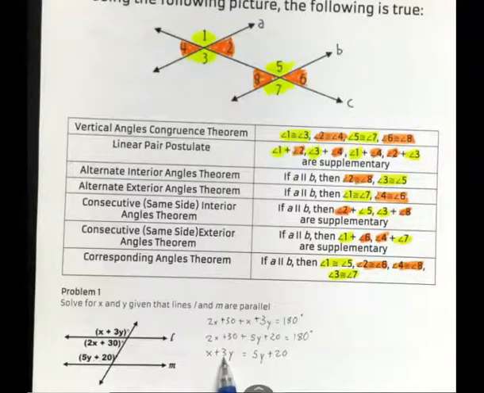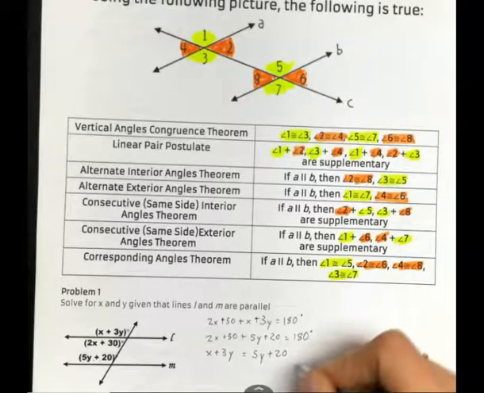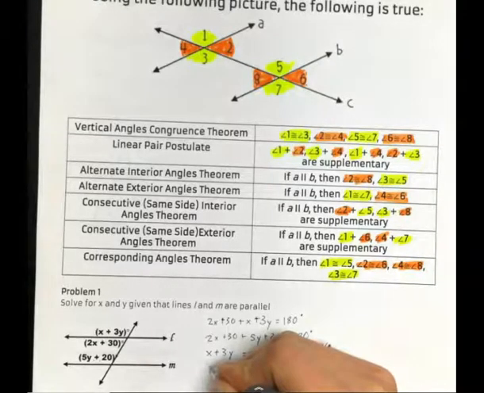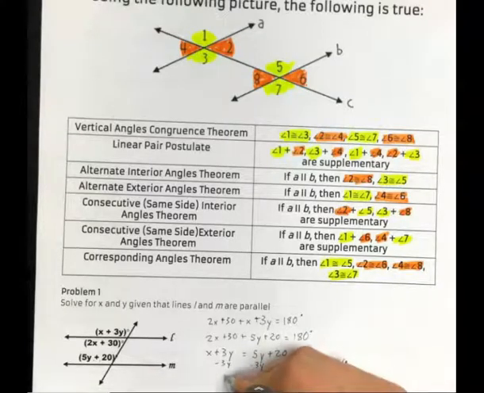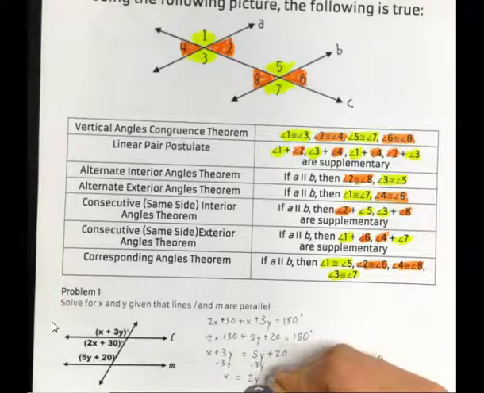All I have to do is move this 3y over, and then I could easily substitute in either one of those equations. So that's what I'm going to do. I'm going to go ahead and get that x by itself, and so I have to subtract 3y from both sides. And then I get x is equal to 2y plus 20.